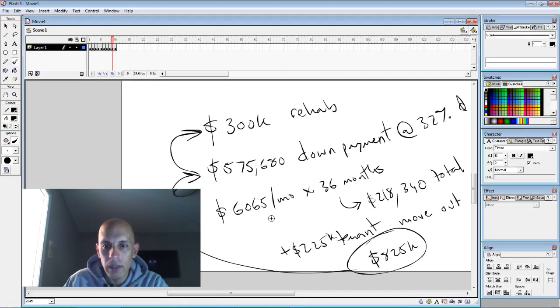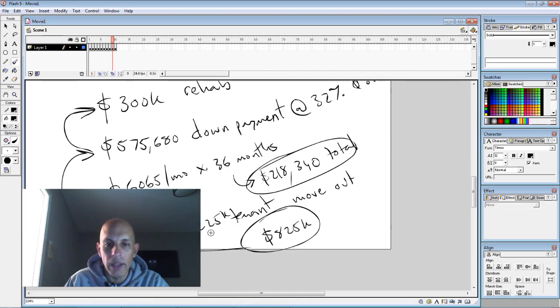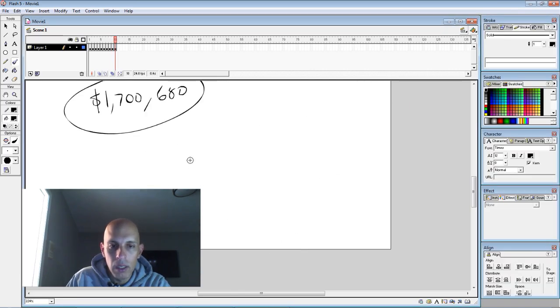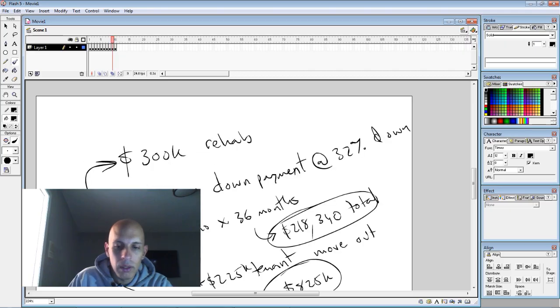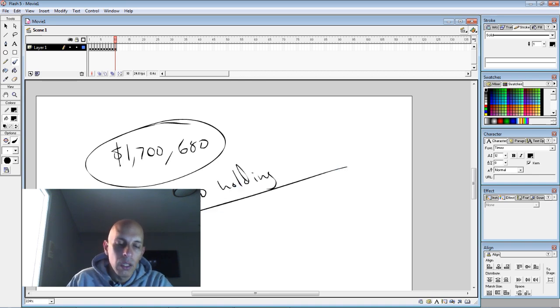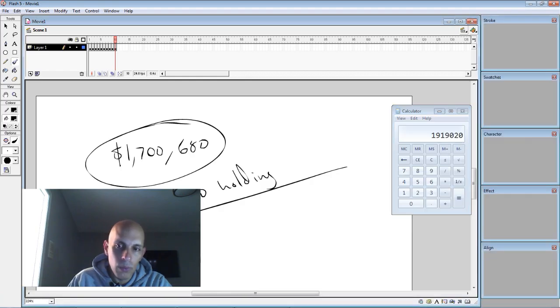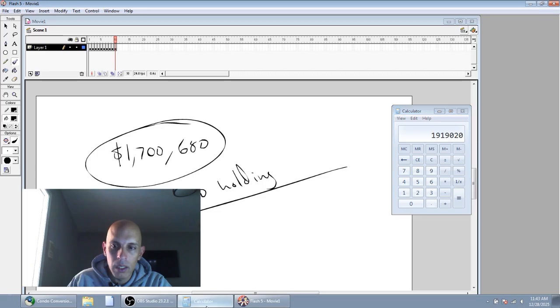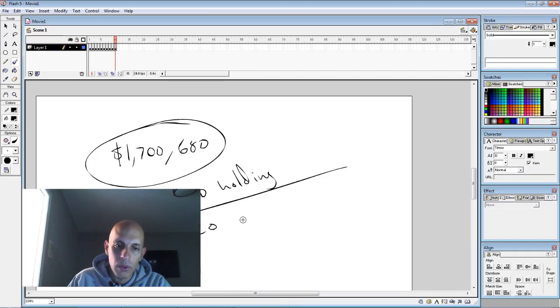I believe, did I add in the holding costs there? No, I need to add this one right here, which is the 218,340. So you're looking at 1.9 million plus 218,340 holding. So now we're at 1,919,020 total.